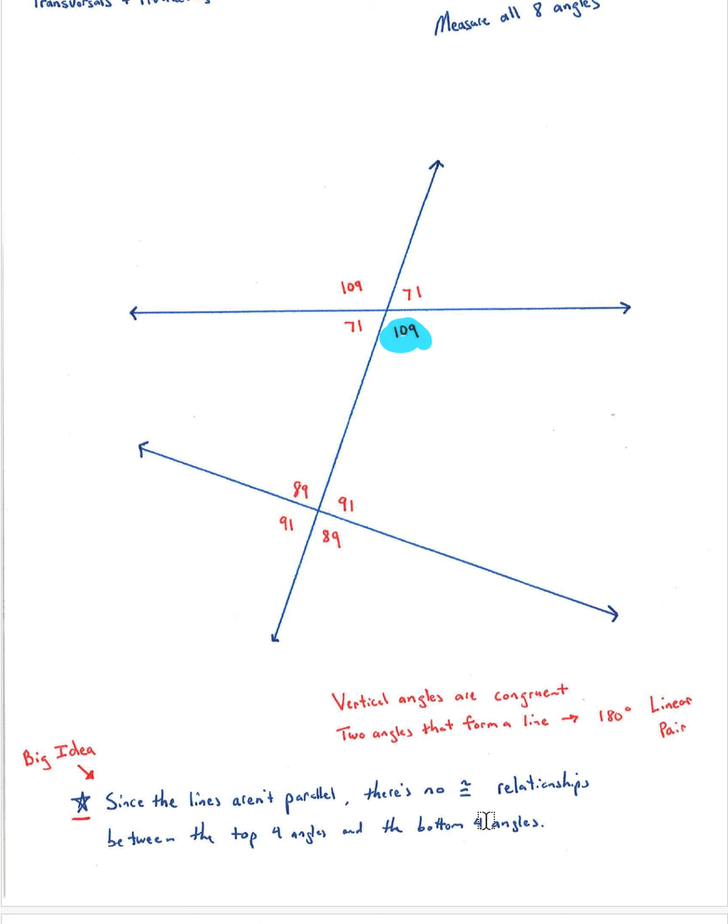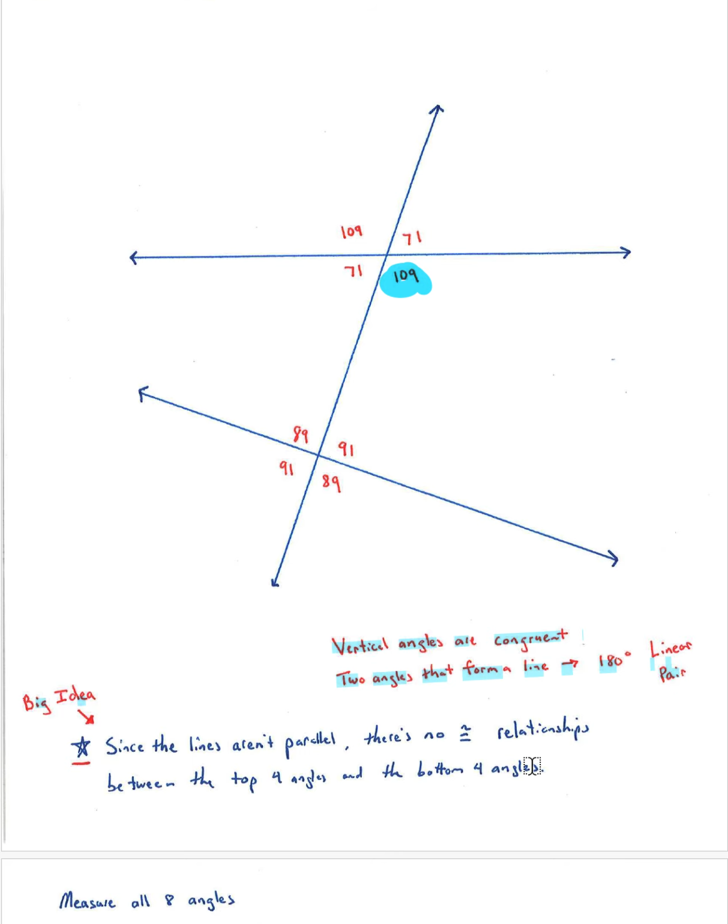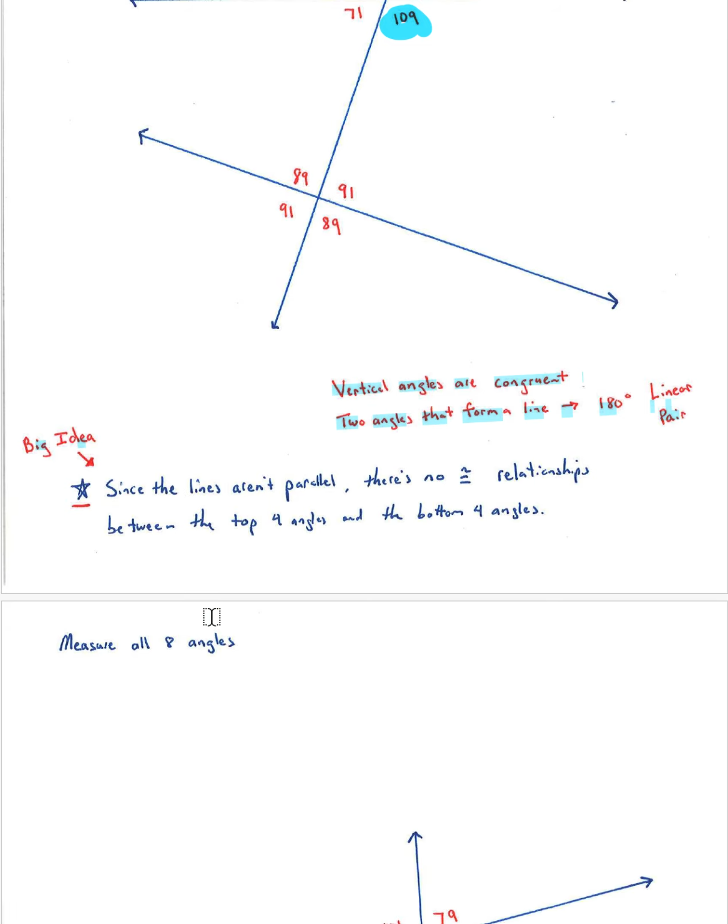Only if the lines are parallel can we draw conclusions. Remember, vertical angles are always congruent, and 2 angles that form a line are always a linear pair. However, the big idea, since these lines aren't parallel, there's no congruent relationship between the top 4 angles and the bottom 4 angles. They basically have nothing to do with each other.